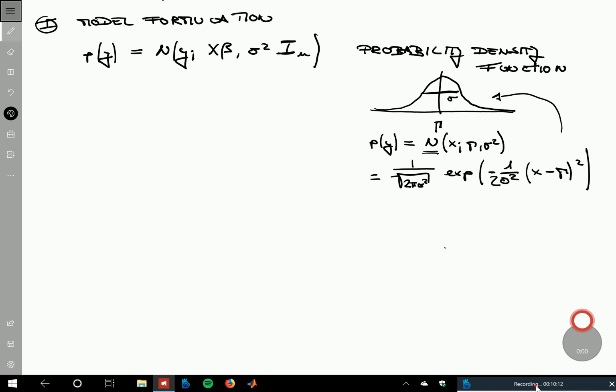It's the probability density function over x, and has as parameters an expectation parameter and a variance parameter. Who has seen the Gaussian before? So everybody has seen the Gaussian, so you know that. Good. So that's not a surprise here.